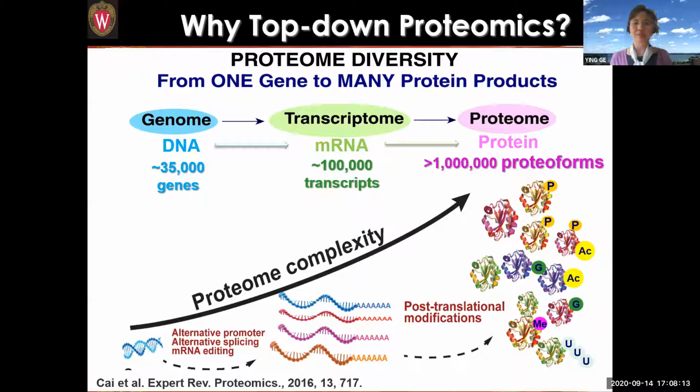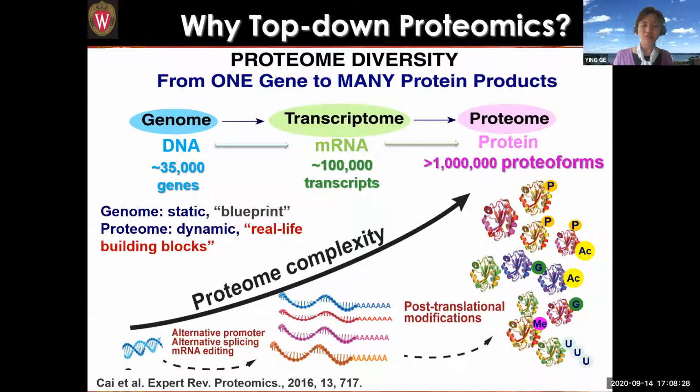One gene can correspond to many protein products due to alternative splicing isoforms and post-translational modifications. We have Ben here, who is an expert on post-translational modifications. So essentially, the proteome brings us closer to the real-life building blocks.